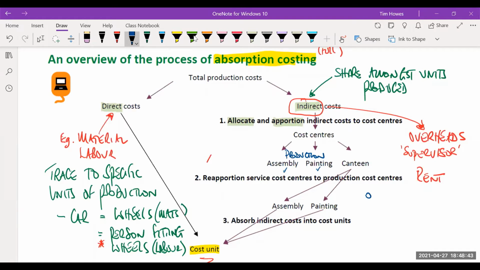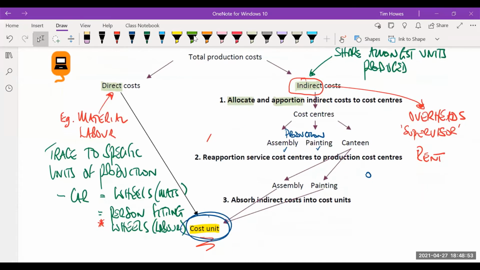Think about production centres in a manufacturing business as places where the output, the thing that we produce, passes through. Go back to the day where there were assemblies and production lines where people stood doing stuff. The thing that we manufacture spends a bit of time in the assembly room, and a bit of time in the painting room.